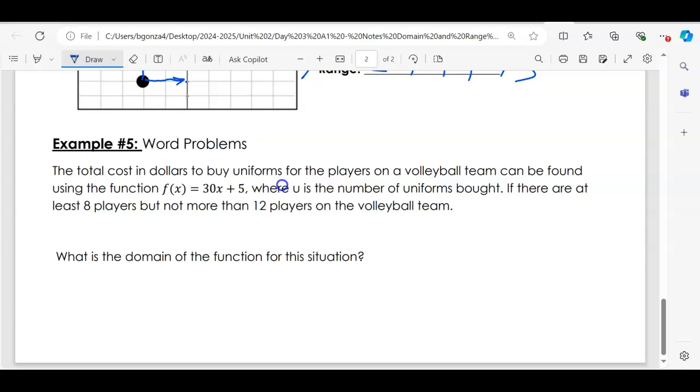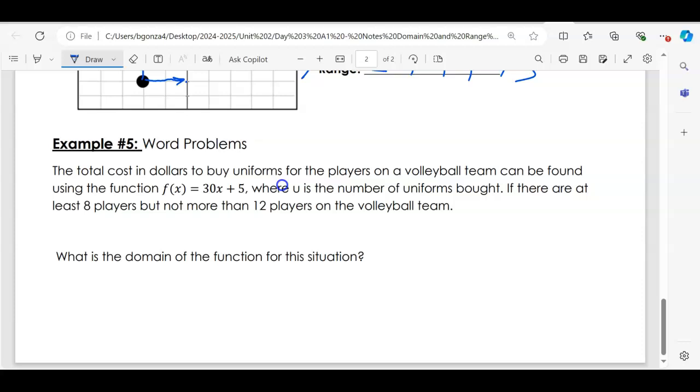What's the least amount of players? 8. What's the most amount of players? 12. Is there such thing as a half player or a decimal person? No. So it's either 8 or 9 or 10 or 11 or 12. It can be the least at 8. It can be the most, no more than 12. So, do you see how reading it, you can tell it's between 8 and 12?